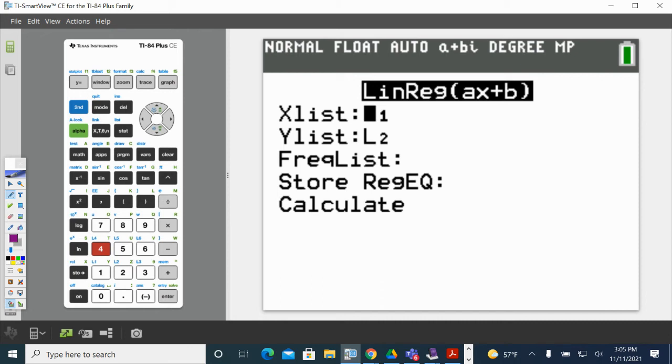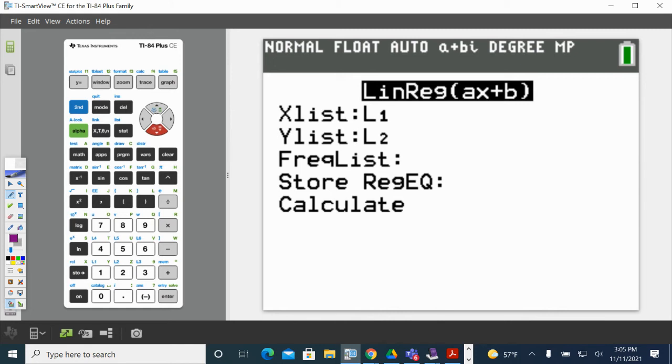And I'm going to add another thing to your notes. To store your regression equation, on this screen, we can make it so that the regression equation is stored in our calculator, which is going to help us later. So the X list, the X's are in L1, the Y's are in L2. The frequency list does not matter.